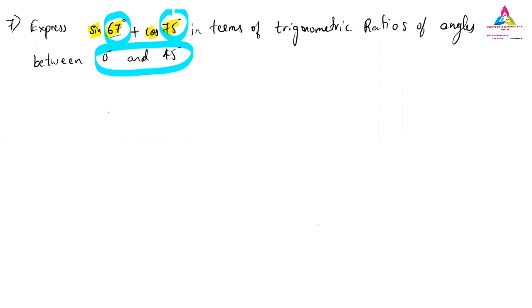Means we want to convert 67 and 75 in terms of angles less than 45. So it is only possible that way. Don't bother about what sine or cos we have, or the complementary angle ratios, because they have not told us to find the final answer. It may be a sine, tan, cosecant or secant, no problem. They have told us only to convert it. So let us take that question first.